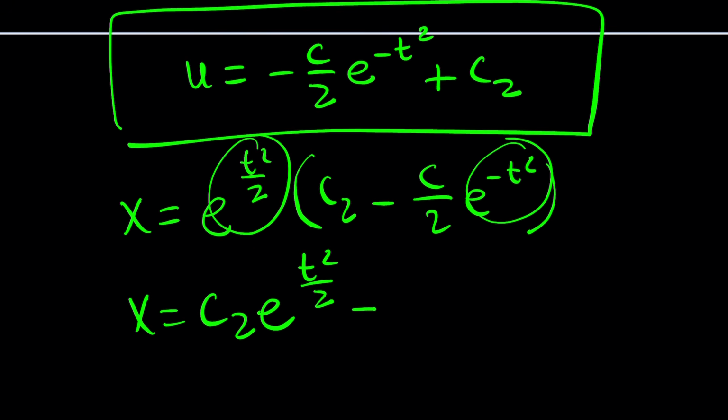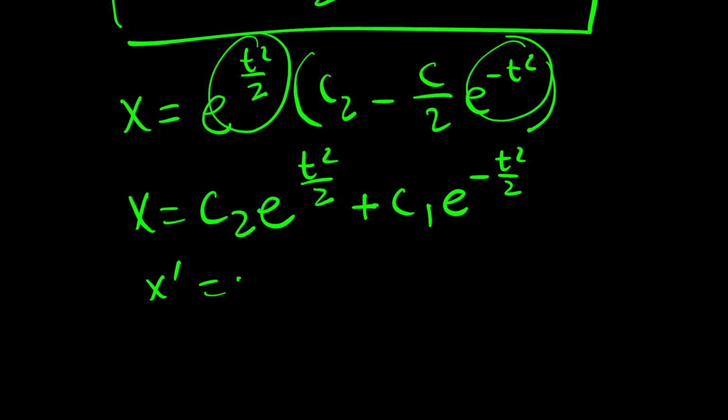So you're going to get c divided by 2, but you can just call that c1 and e to the power negative t squared over 2. And of course, the constant can absorb the minus sign, so you can go ahead and write it like this. And of course, from x prime equals yt, if you isolate y again like this and divide the whole expression by t, you're going to get the answer for y.